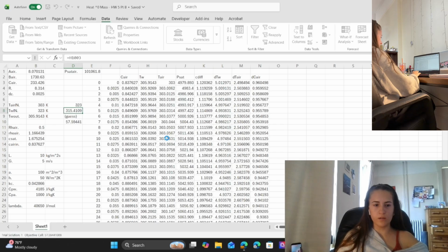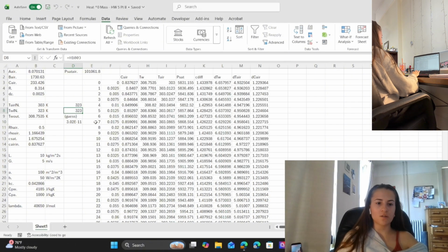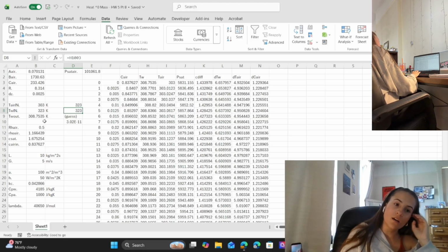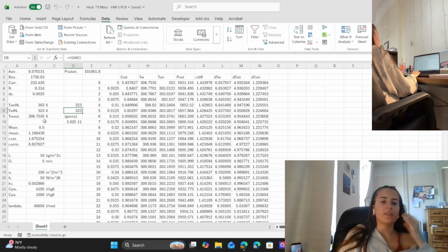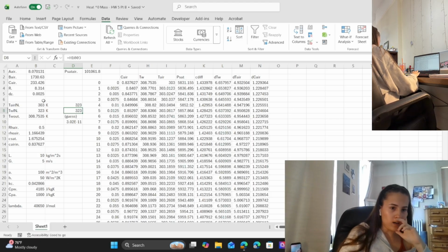See what we get here. Perfect. So yeah, once again, that's showing that if our temperature is 323 coming in, then the temperature out is 308 instead of 303. So it shows that this cooling tower is less efficient when it's shorter.